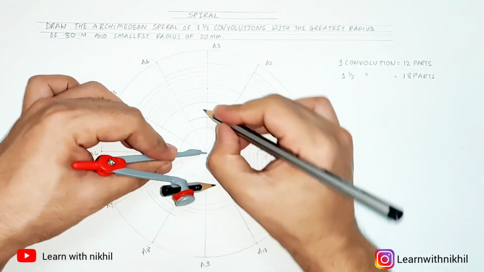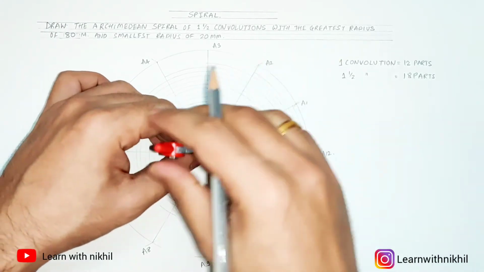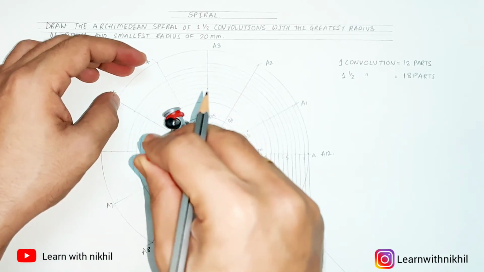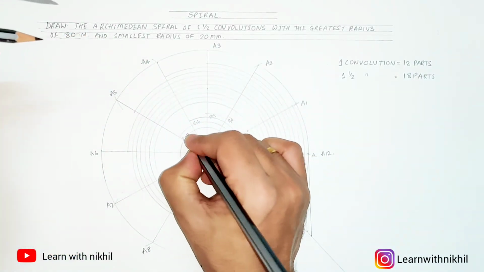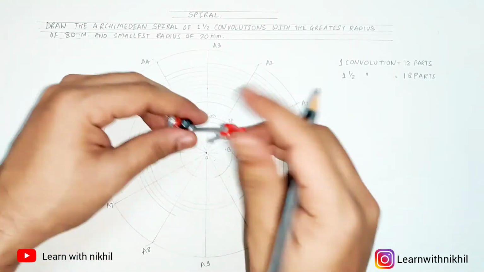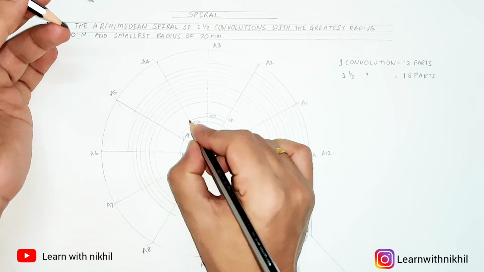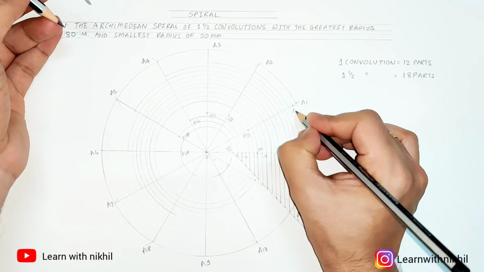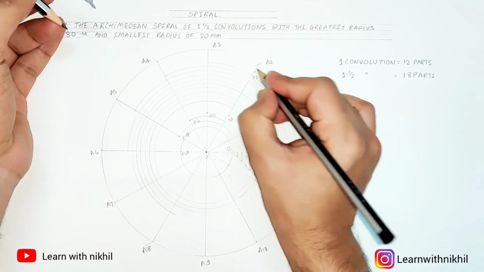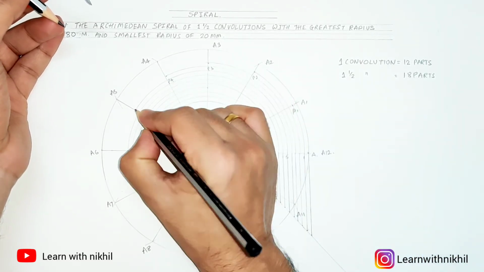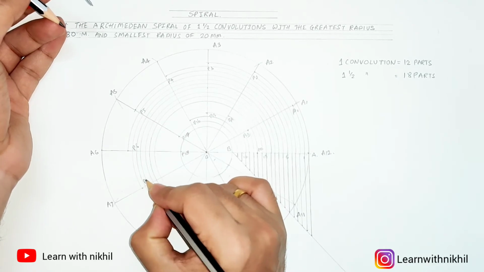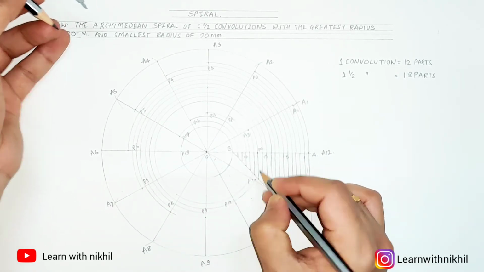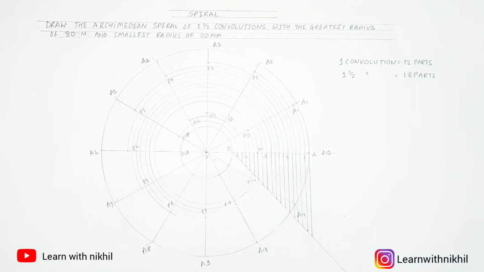Now this half is the half convolution. So the last point we get is P18. So joining all these points P1 to P18, as it is 1.5 convolutions, mark them P1 to P18.